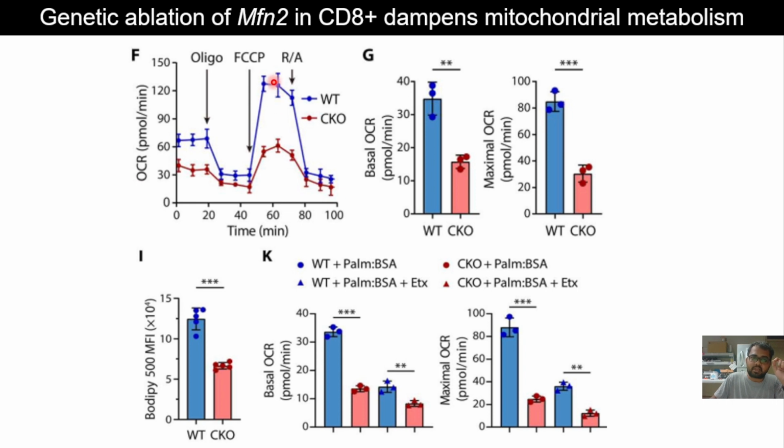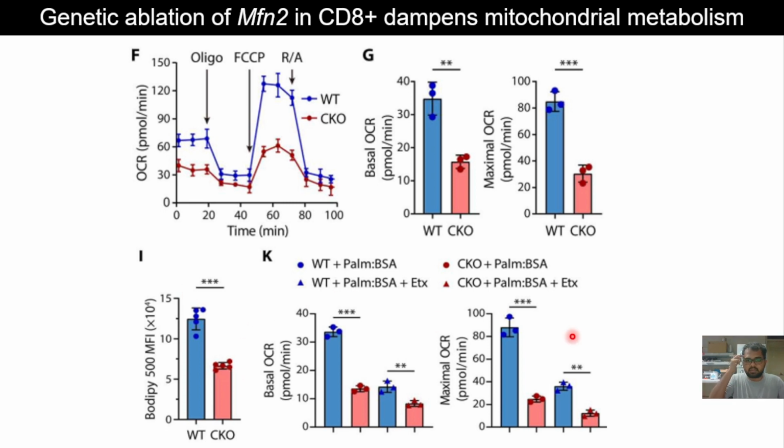And for the maximal oxygen consumption rate, you can see the reserve capacity of mitochondria is very small in the knockout, but in the wild type it is quite good. So the basal and maximal oxygen consumption rates both go down. They use BODIPY 500 dye to show the total lipid content of the CD8 T cells, which is also going down, correlating with the gene expression.